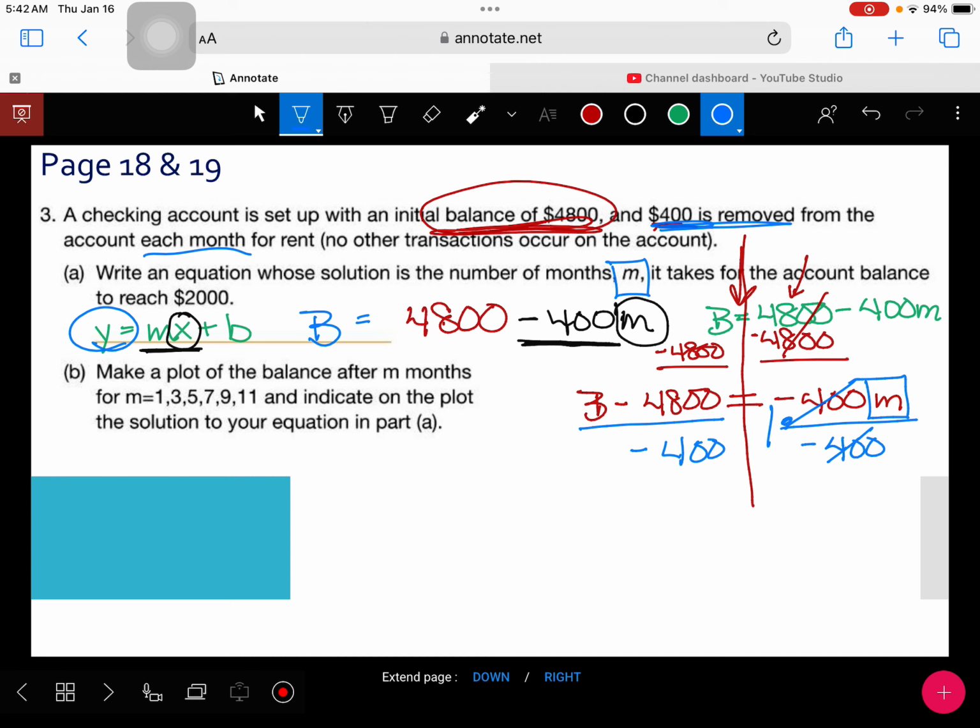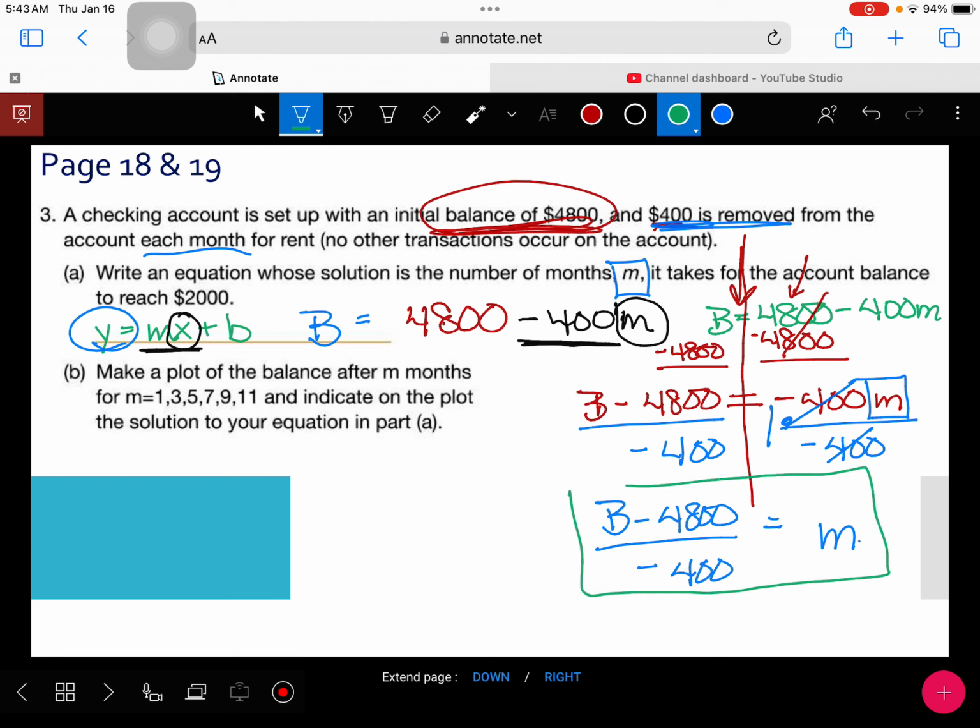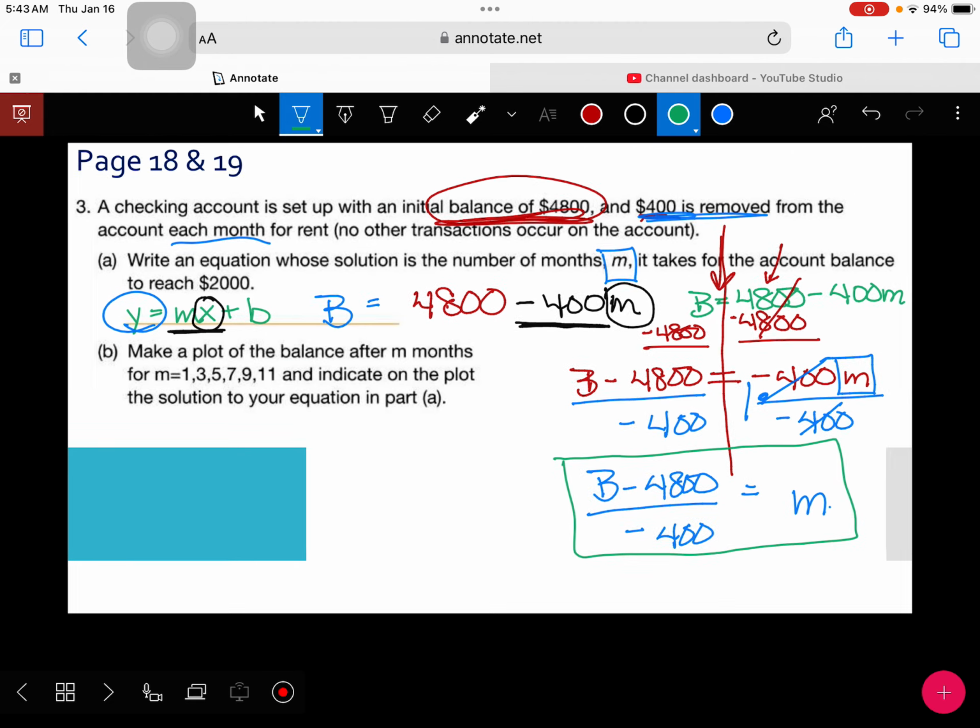And what I have left is b minus 4,800 divided by negative 400 equals, and 1 times m is m. So now I have written the equation where the solution, the answer, all by itself, is the number of months. So my final answer is there. Okay.